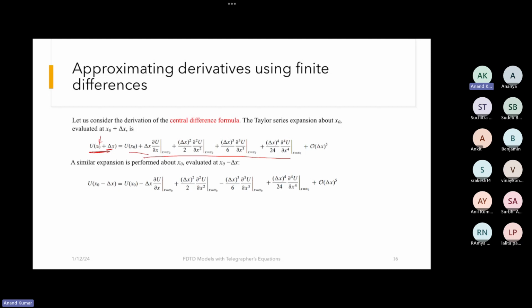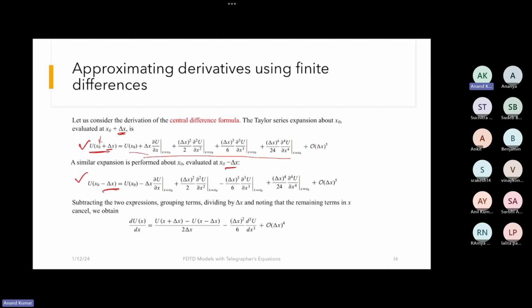Similarly, you can replace x plus delta x in the Taylor's expansion by this. This is the first expression, this is the second expression, and if you subtract these two, you end up with this expression for the central difference scheme. So you have now got the central difference formula.